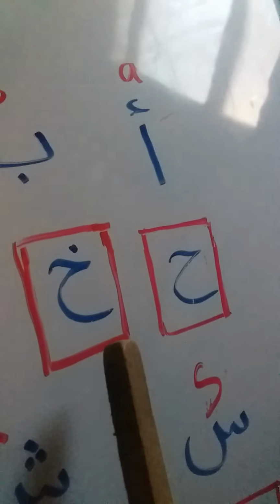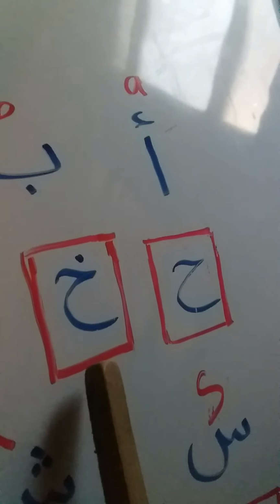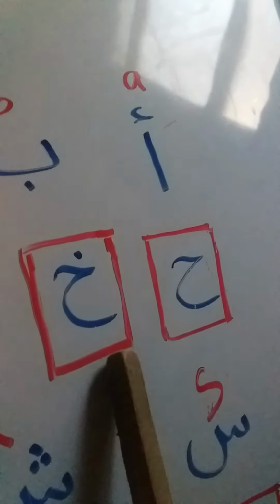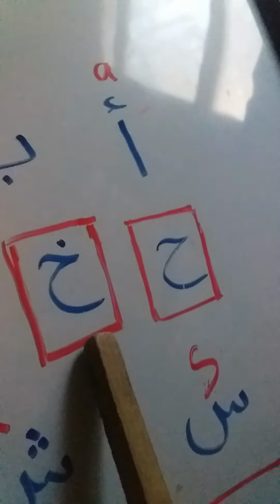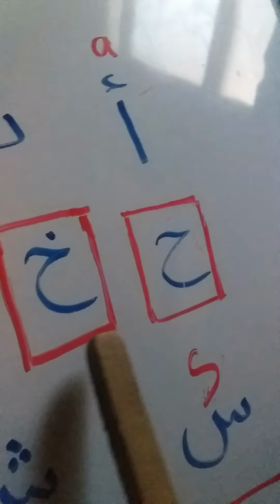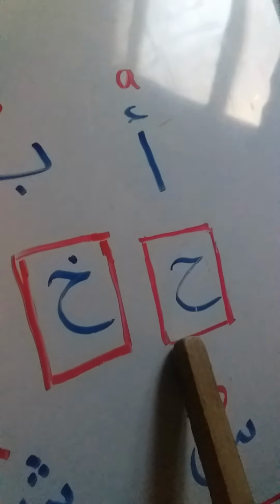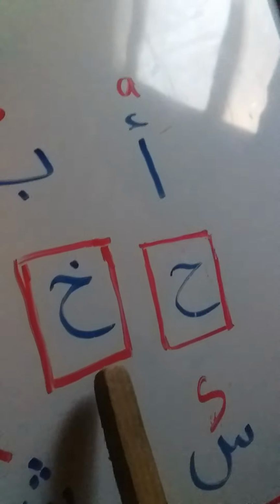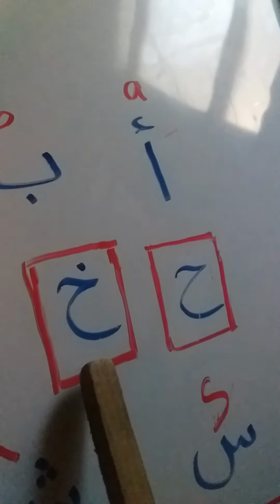This letter is Kha. We use the throat in pronouncing these two letters, Ha and Kha. English learners may need more practice with these two letters, as their sounds are new in English.